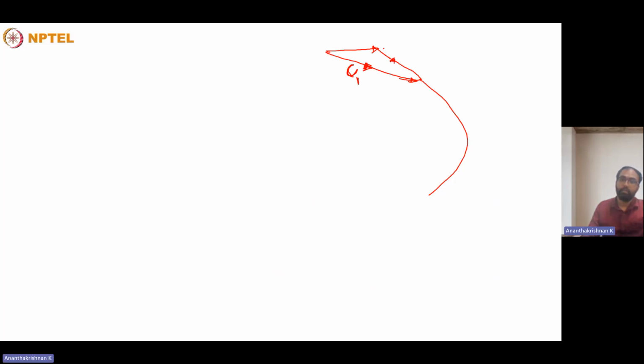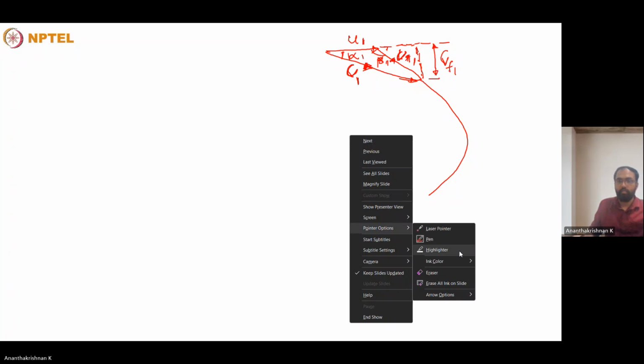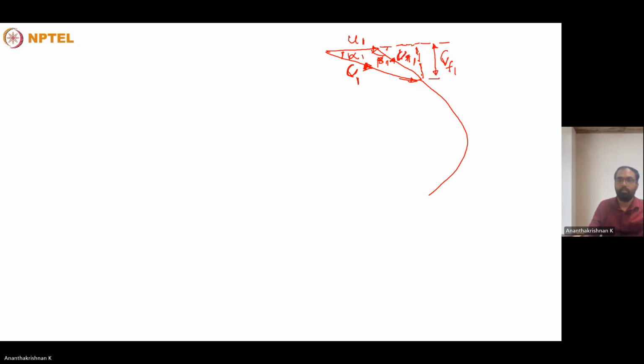This particular velocity quantity is CF1, and this particular quantity is C theta 1.